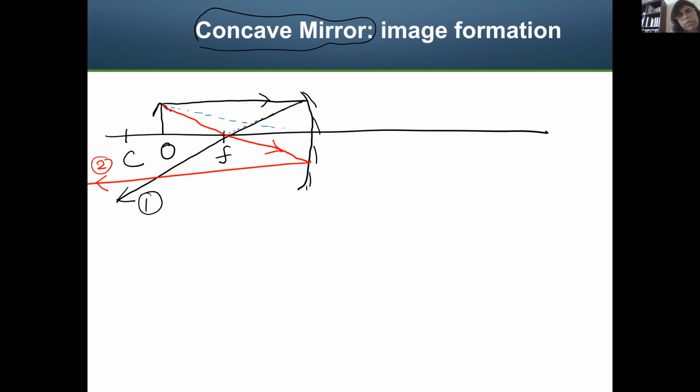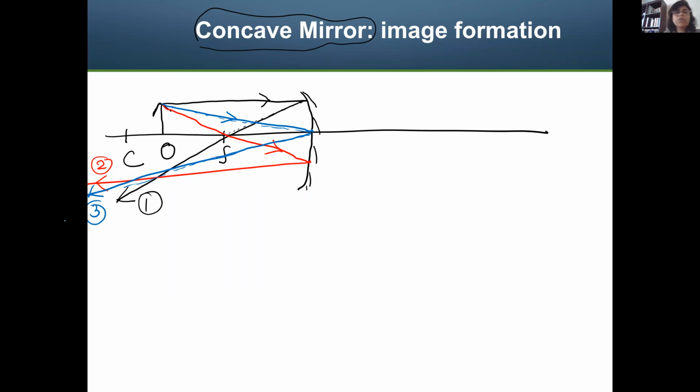The third ray: if you send the light to the center, or the vertex point, of this mirror, that light will reflect with the same angle on the other side. So it will be going through this. That is the third one, right?